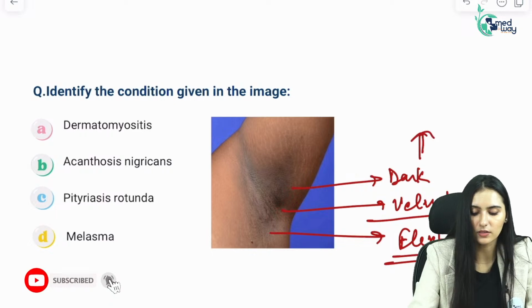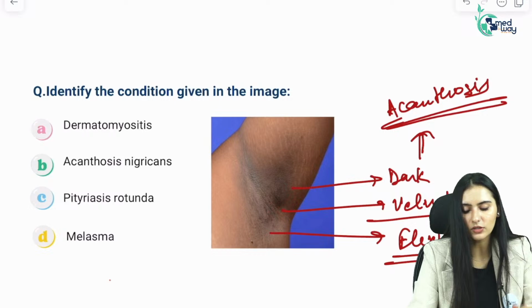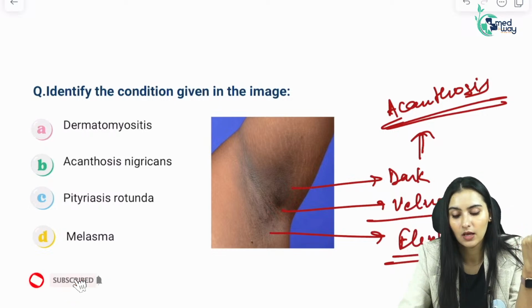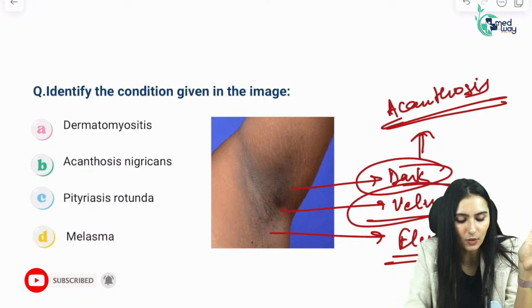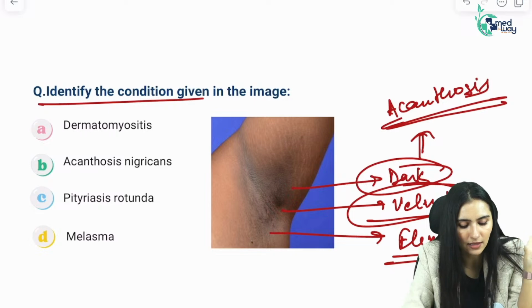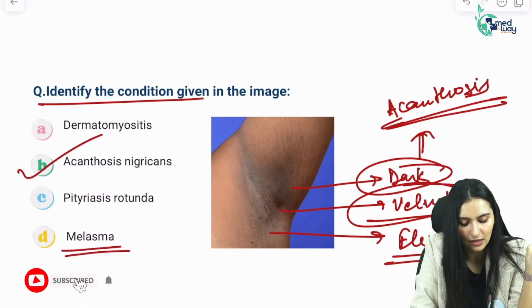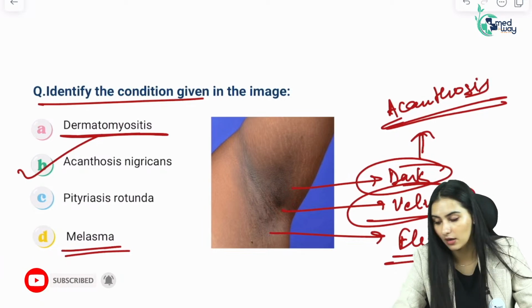This is acanthosis. Acanthosis, you will mostly either get an image of underarms or of the neck, which have this dark velvety appearance. That is acanthosis nigricans. So identifying the condition should take you seconds. Acanthosis nigricans, move on. Okay, melasma will be on the face. Dermatomyositis is completely different, not even a close differential.